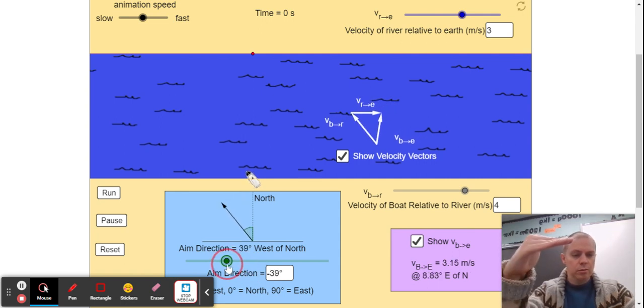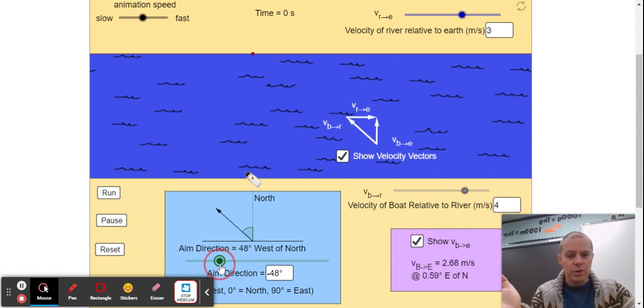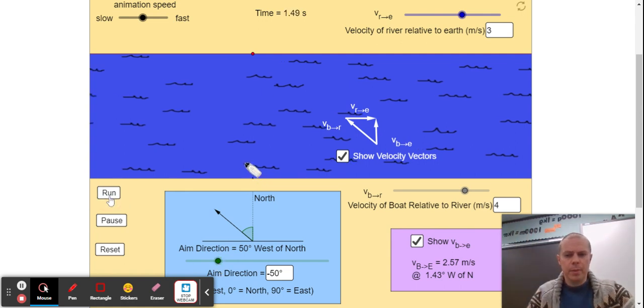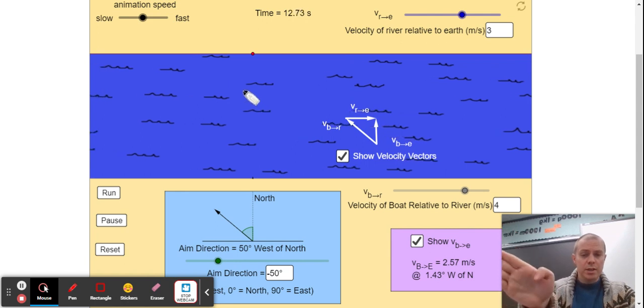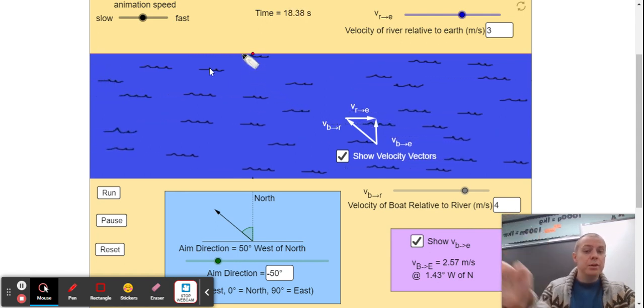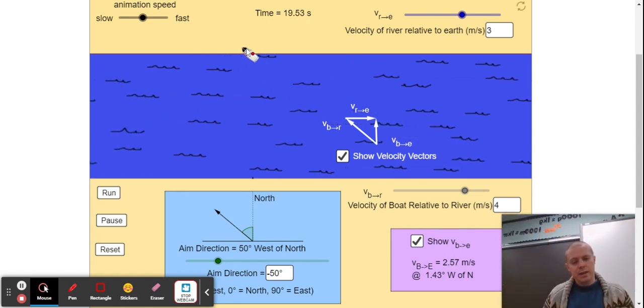The river is always the same, and the angle of the boat is changing, and I'm kind of looking for a vector that gets my boat straight across. And see now I'm turned into the river, I'm pointing into the current, but my end result, because the current is pushing back, is that I get straight across from where I'm trying to go. Okay? So that's what we're looking at and kind of what we're talking about when we're looking at relative motion.